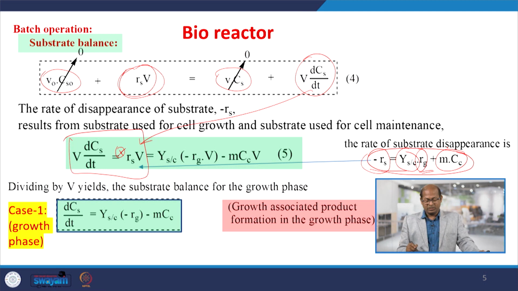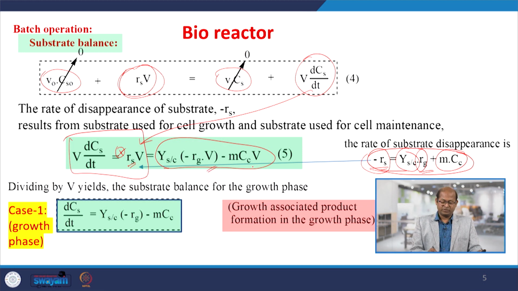This equation we already derived in our previous class. So, if we substitute minus Rs here, the equation becomes yield coefficient, rate of cell formation and volume, plus cell maintenance, the amount of substrate being consumed. This way we can write the substrate balance, equation 5, okay.